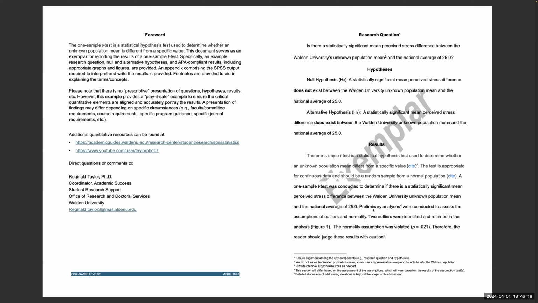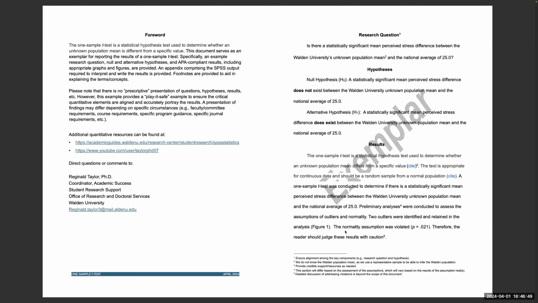Remember, we report the results of the assumption test. We're going to assess outliers and normality. In this case, a good example here, I said 2 outliers were identified and retained in the analysis. I could have removed those from the analysis. Again, there are different reasons for doing that, and it's nothing we could really say yes or no to based on a hypothetical situation.